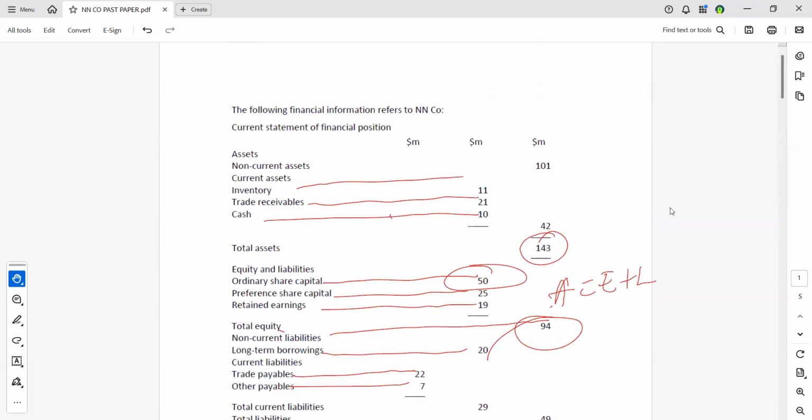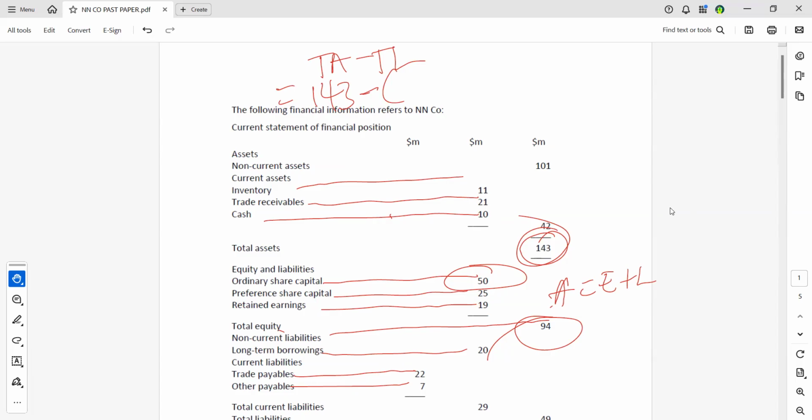The total assets is 143. So total assets minus total liabilities. The total asset is 143 minus the total liabilities, which comprises of what?